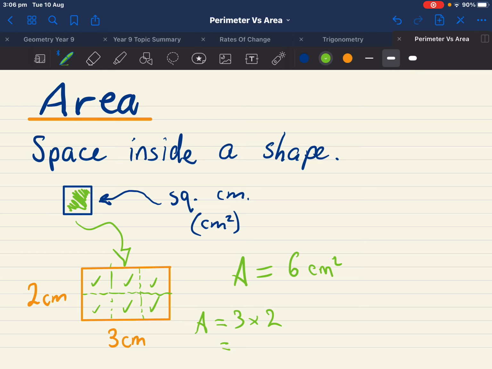In other words, the area would be 3 lots of 2, which gives you the answer 6 square centimeters anyway. This is what we call a formula. It's a shortcut for finding the area instead of breaking it up and counting each of the individual squares. But that's not necessarily what this video is about. We're just trying to illustrate the difference between the two measurements, perimeter and area.